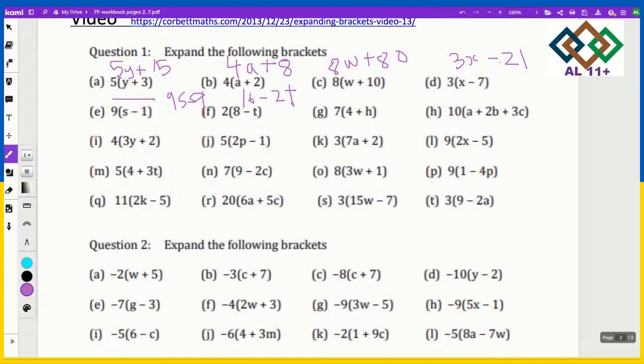So now we are on G. G is 28 plus 7H. And H is A plus 20B plus 30C.